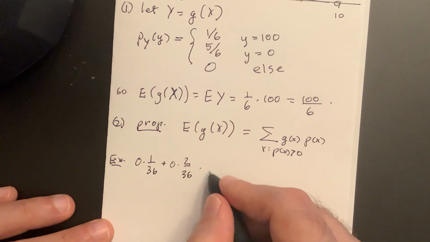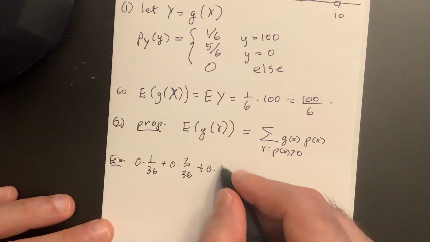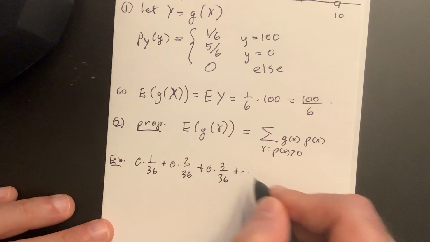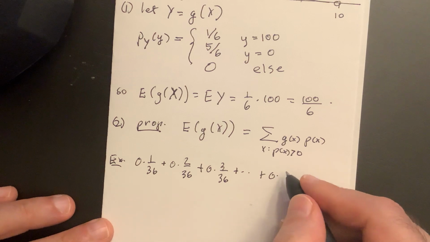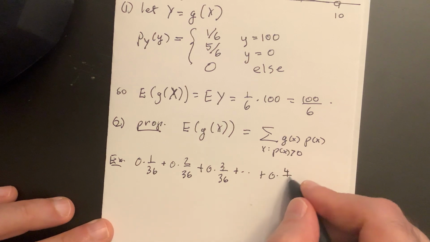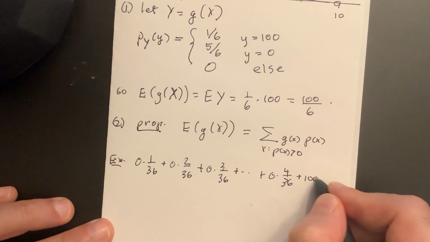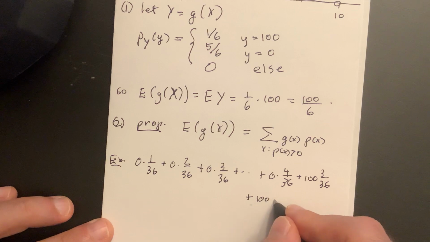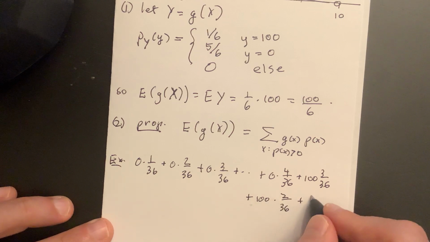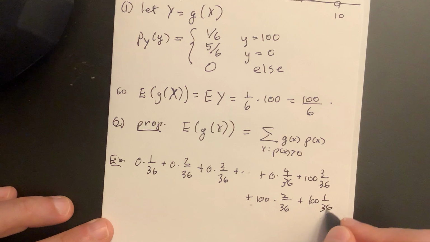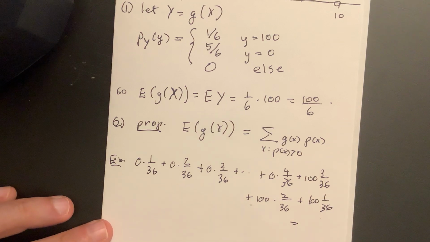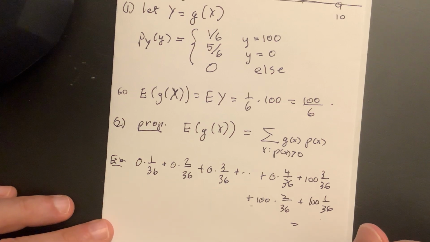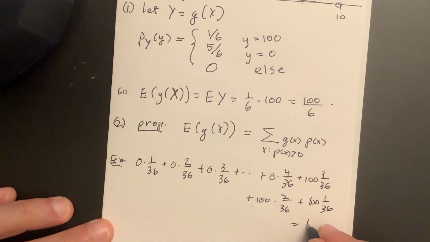So this represents rolling the 3. 0 times 3/36, and it continues, plus 0 times, for 9, I have 4/36, plus 100 times the probability I get a 10. And it should be clear exactly where this comes from, and a proof can be done of this by just using symbols instead of actual numbers. So this result gives me the same thing.